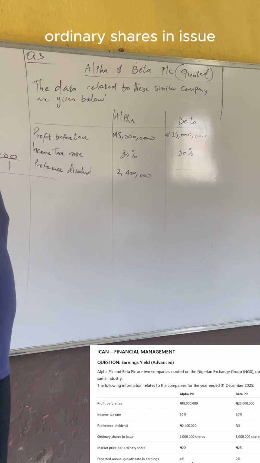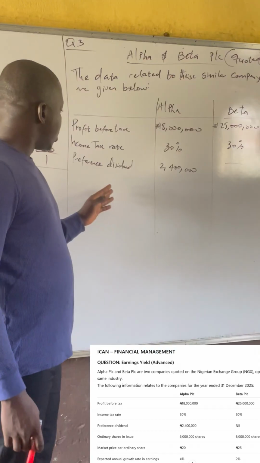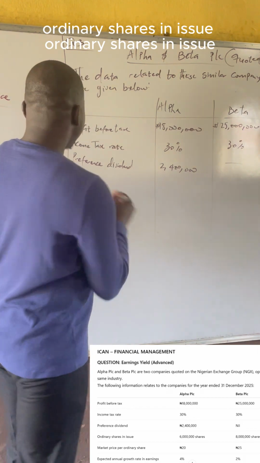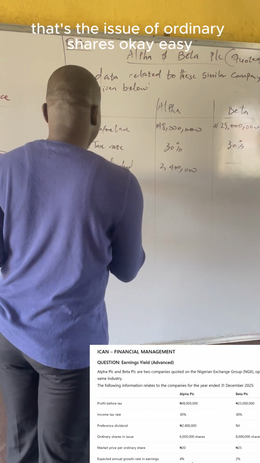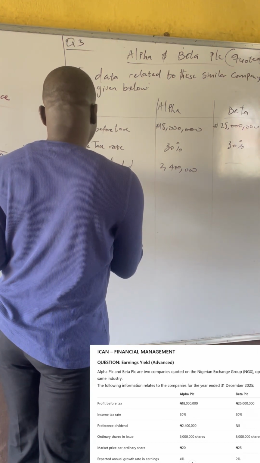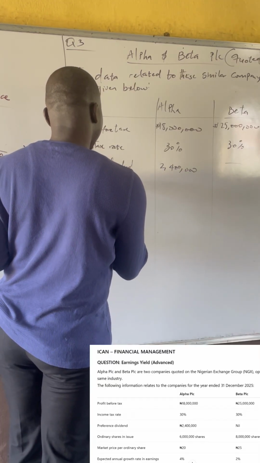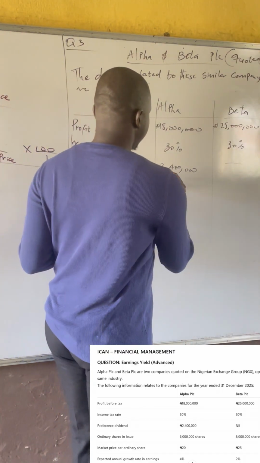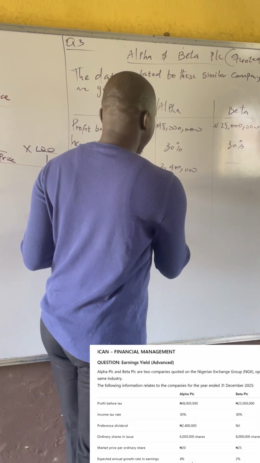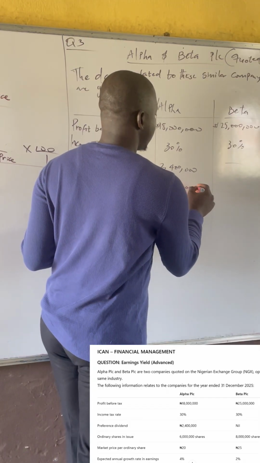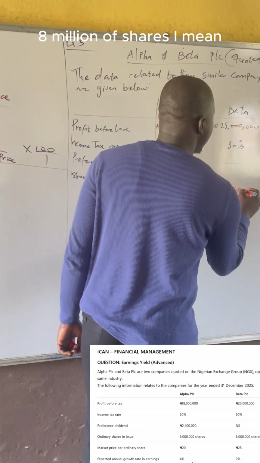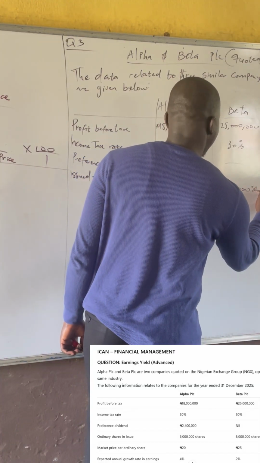Ordinary shares in issue: Alpha has 6 million shares, Beta has 8 million shares.